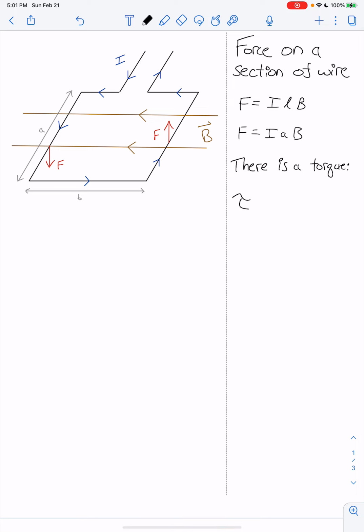That torque is going to be I, A, B times the distance, which is our B. So this is going to mean that it's going to rotate counterclockwise. We imagine there's going to be a rotation in this direction.